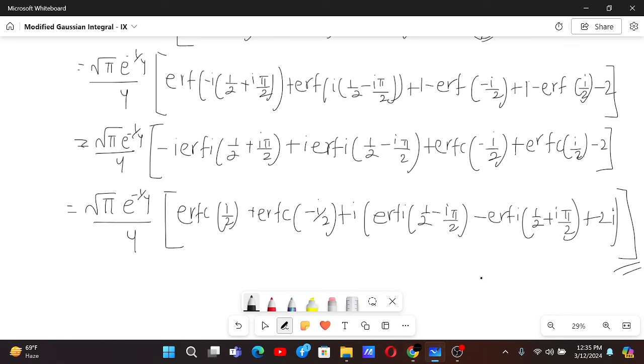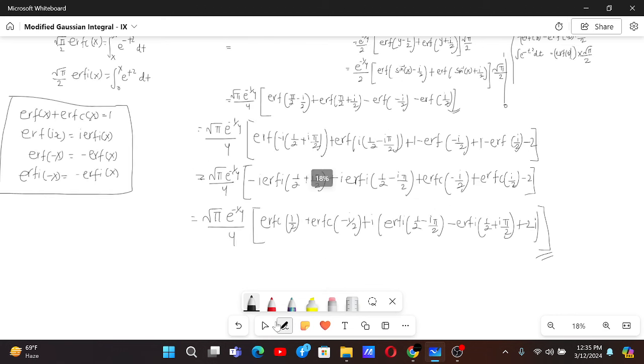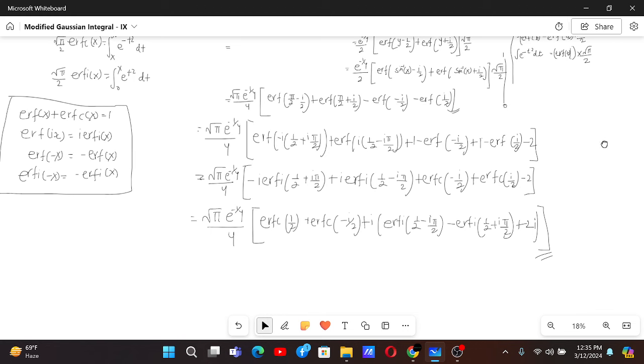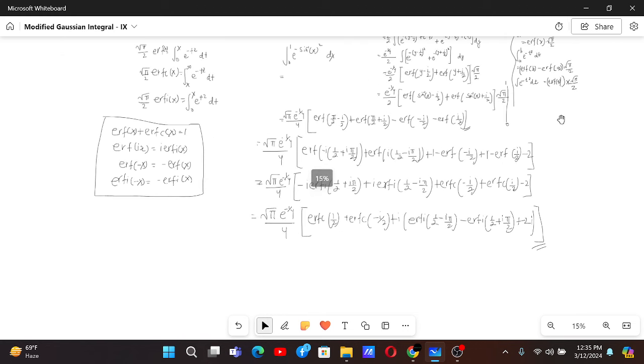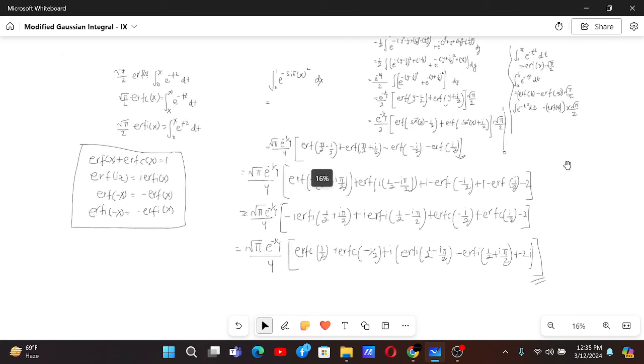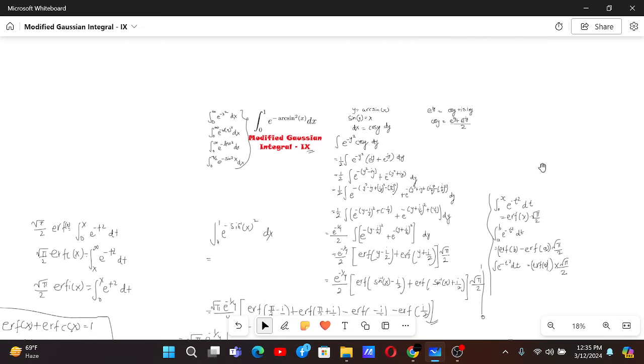We have also done that, plus 2i. So this is it. Now both our definite and indefinite integral are according to the Wolfram Alpha answers, and that means they are correct. We have solved the problem.